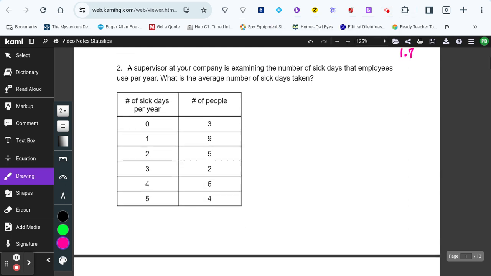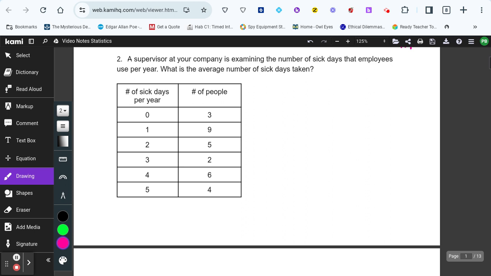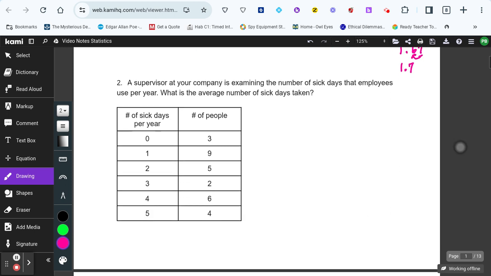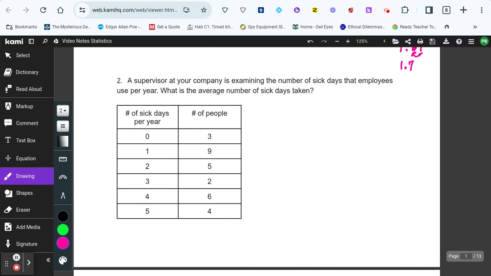All right, so next we want to take a look at this frequency table. When I say frequency table, that means you have a certain number that will appear over and over and over, and you'll have to tally it up correctly. All right, so let's take a look at it.